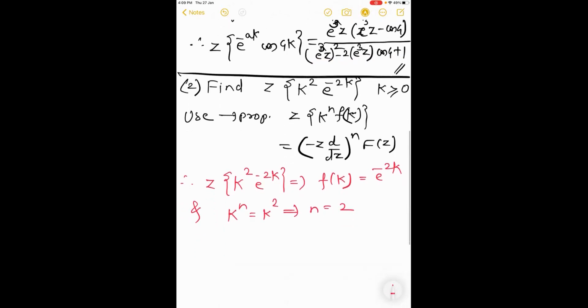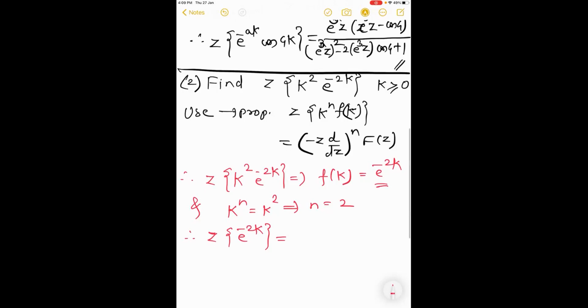Now you should know the transformed answer for e raised to minus 2k. First of all, you have to calculate the Z transform of e raised to minus 2k; that is your F of z. Who will tell me what the e raised to minus 2k transform is? We have done this calculation for e raised to ak, if you remember.